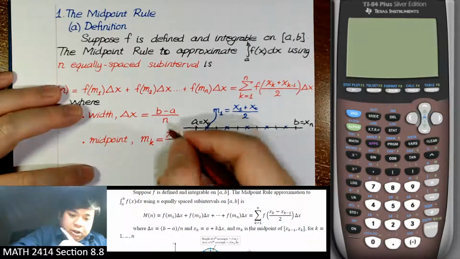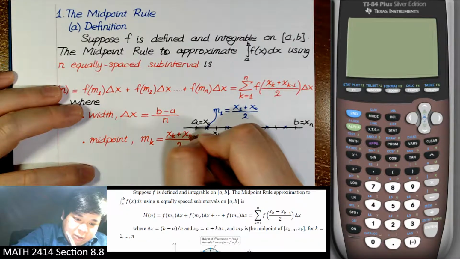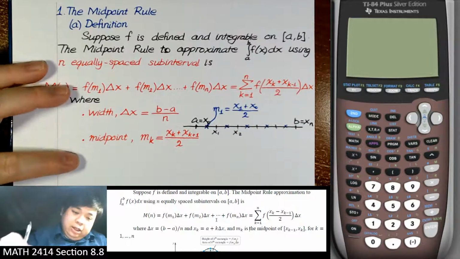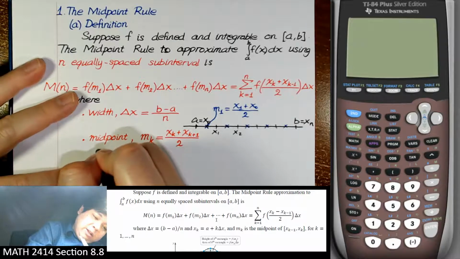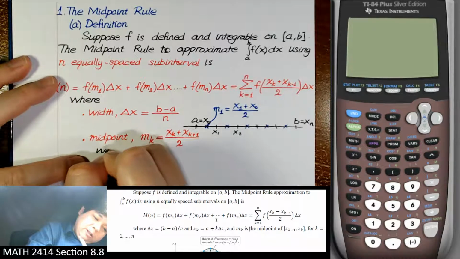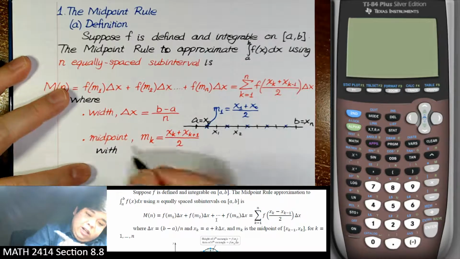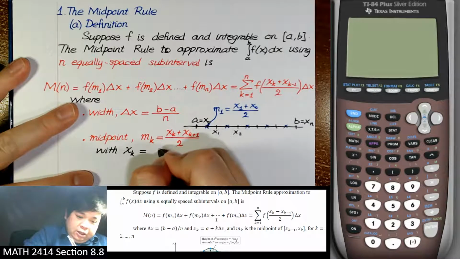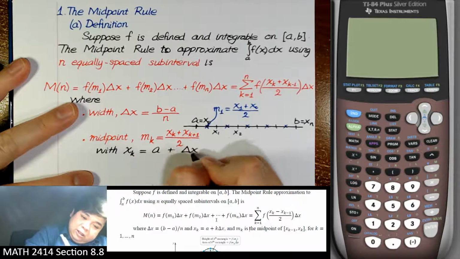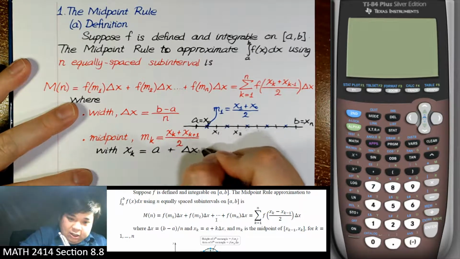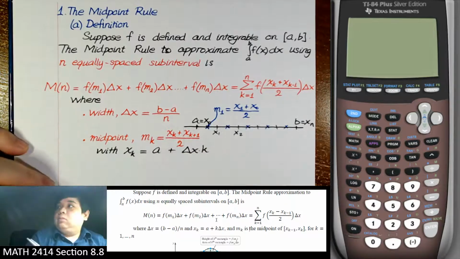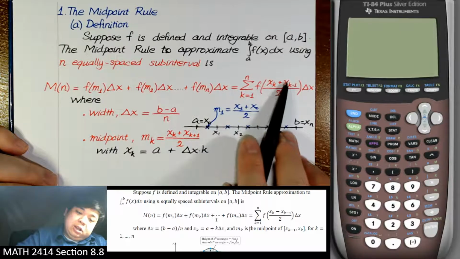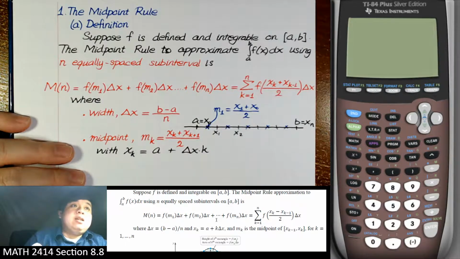So the average of consecutive points, and of course xk is equal to a plus delta x times k, and bottom line is when we put them together it's going to be that.